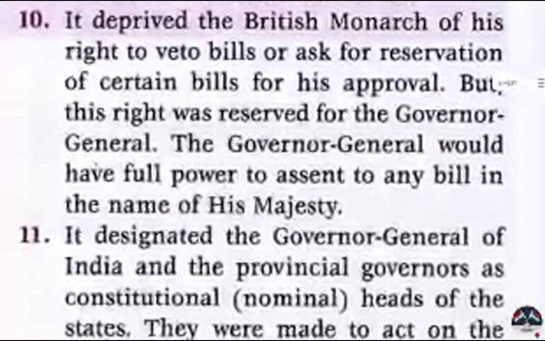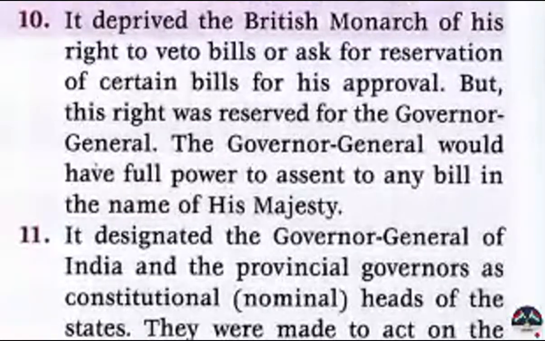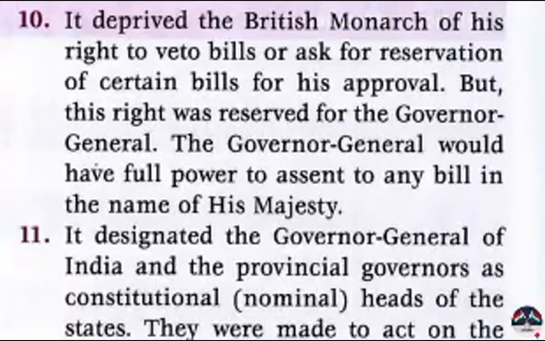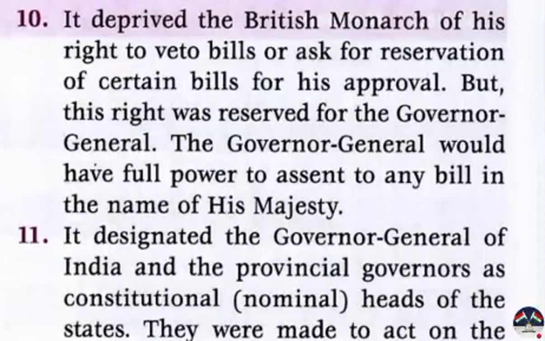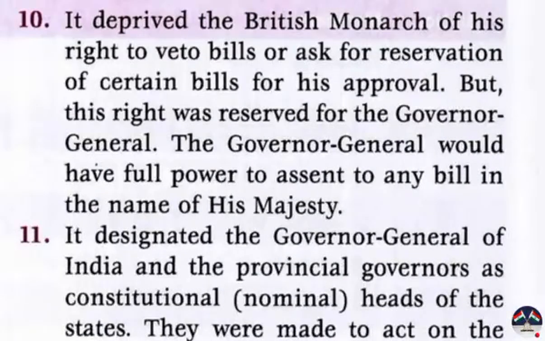It deprived the British monarch of his right to veto bills or ask for reservation of certain bills for his approval. But this right was reserved for the Governor General.